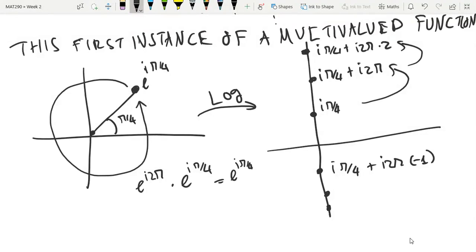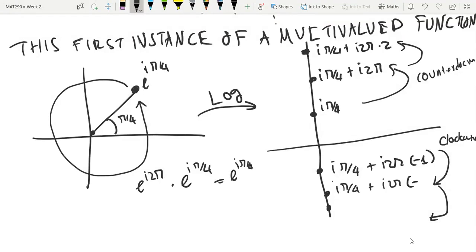So every time you rotate counterclockwise, you go up. And every time you rotate clockwise, you go down. Okay. So that's the intro to log.